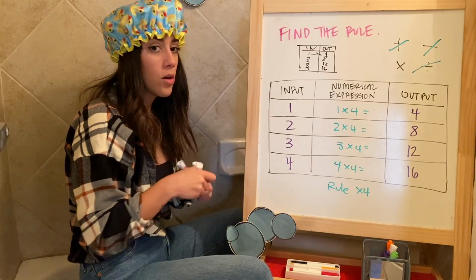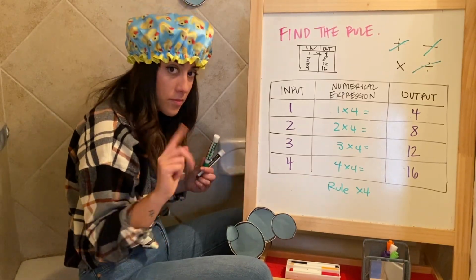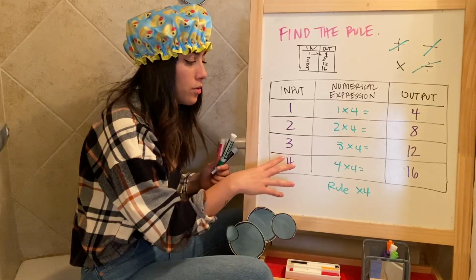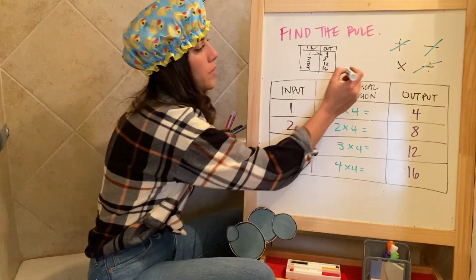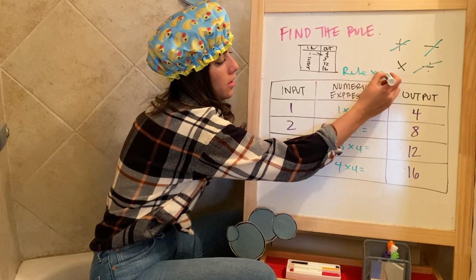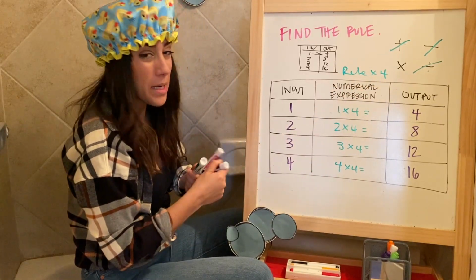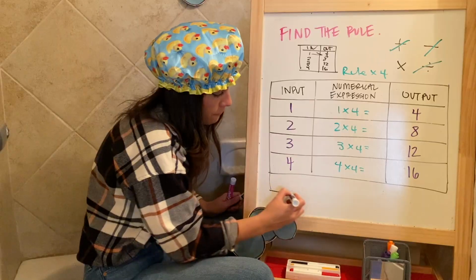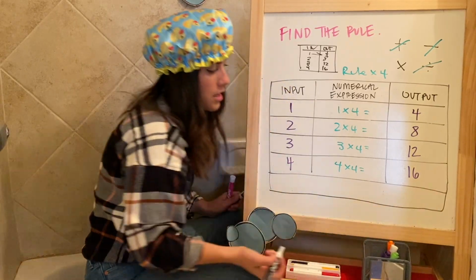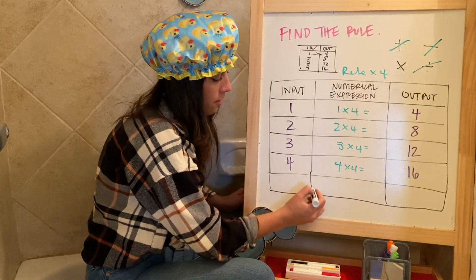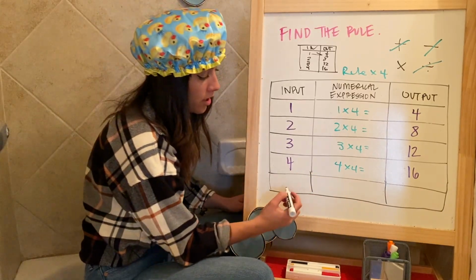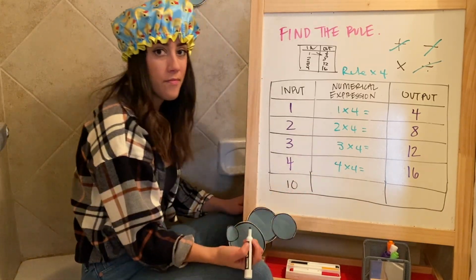But there might be a question that not only asks you to figure out what the rule is, but the answer isn't what's the rule. So now that we have the rule, I'll put this up here, times 4. But it might ask you to fill in the output, so this number, for perhaps the input of 10.